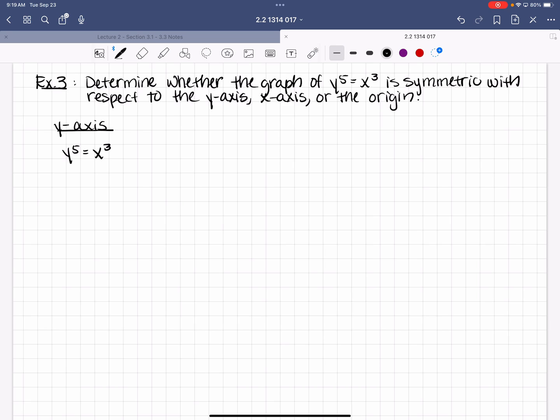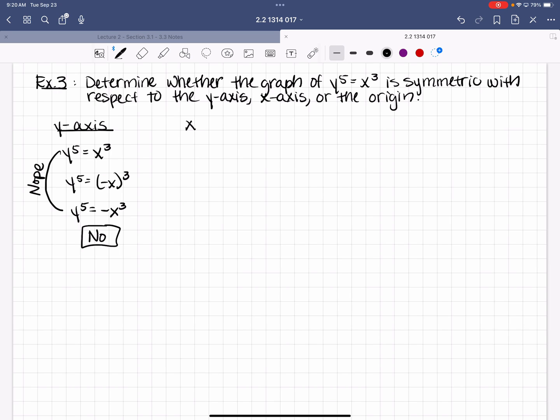If I'm checking about the y-axis, I change the sign of x. So this is y to the 5th equals negative x cubed. Well, that's still y to the 5th equals, okay, what's negative x cubed? Negative times a negative gives me a negative, and then x cubed. Is this the same? Nope. That's a no.